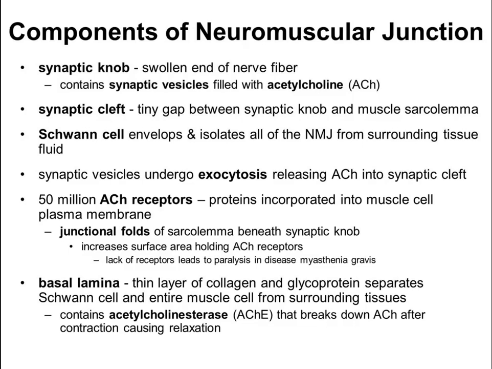So once the contraction is done, you have to get rid of the acetylcholine, and you do that by using this enzyme. It comes in and breaks it down so that the contraction is no longer taking place, and therefore the muscle would relax.